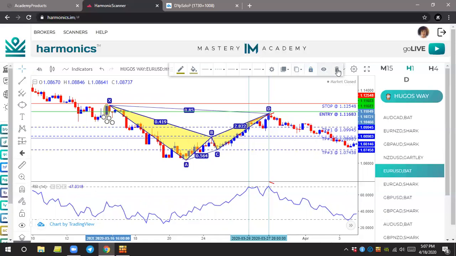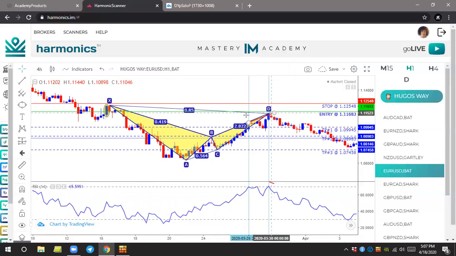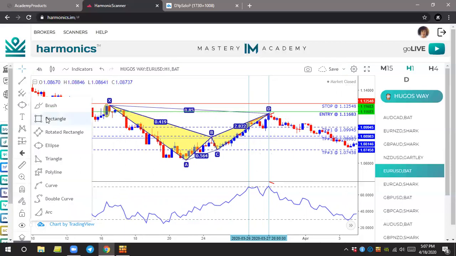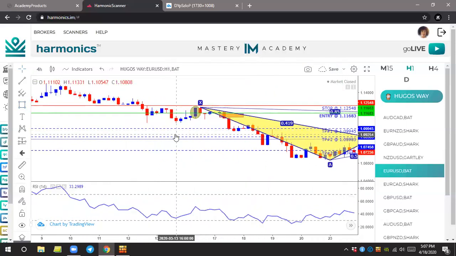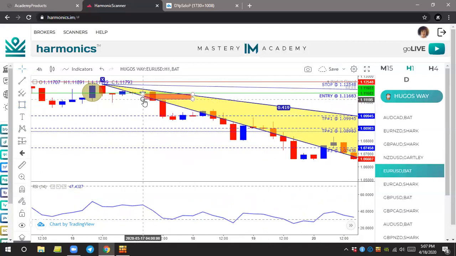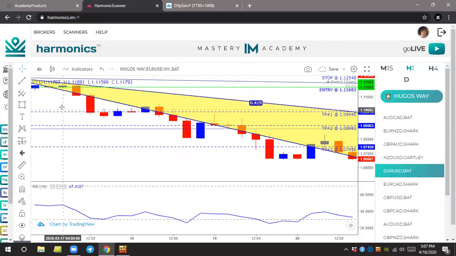And so price comes right into it, and we also have a fair value gap right there, right? We have a fair value gap right here in between that market. Go ahead and zoom in. So we literally had a fair value gap.